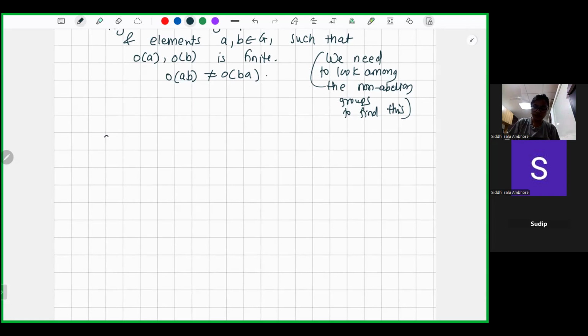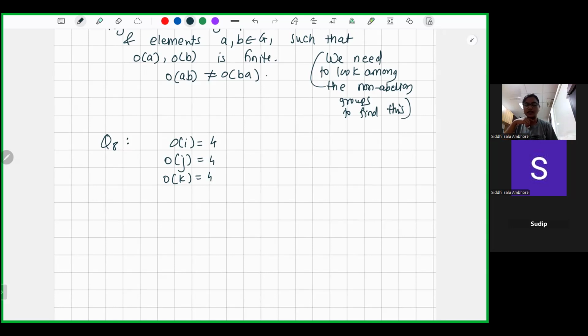For example, you can also check in Q8. Every element has finite order. For example, if I take i, the order of i is 4, the order of j is 4, the order of k is 4, right? Even for minus also it is similar.